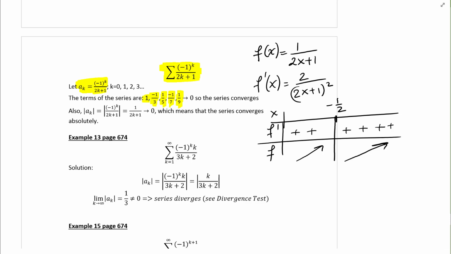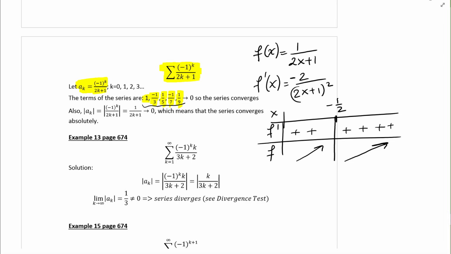So what is the problem? This would be a nice example to think about. We saw that the terms are decreasing, and then here I am proving that they are increasing. Well, the problem is my first derivative. The first derivative is actually negative 2 over 2x plus 1 squared.